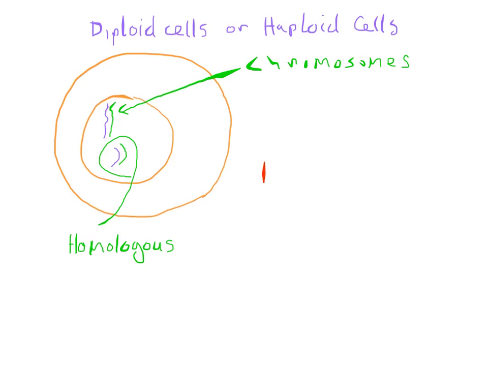The letter N refers to the number of types of chromosome in a particular cell. In this cell, N is equal to 2 because we have the short curved chromosome type and the longer squiggly chromosome type.